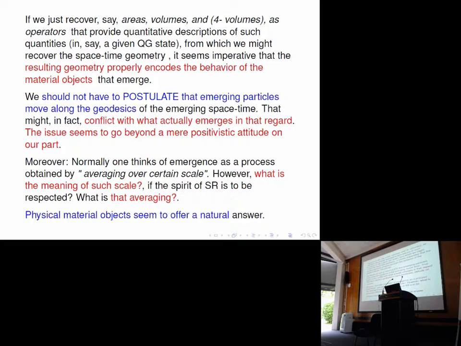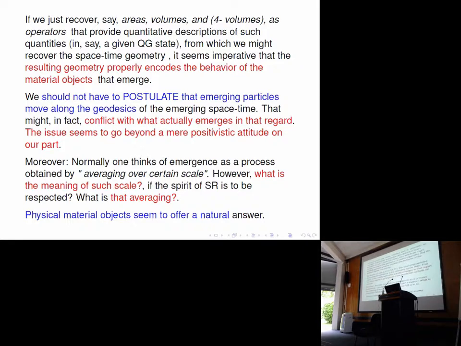We know that an object suffers a Lorentz contraction when we change frames, so it's not easy to assign to it a scale unless we say, well, this object is in its rest frame or something like that. So we don't know what exactly are the scales over which we should be averaging. And moreover, we don't know what this averaging procedure is.